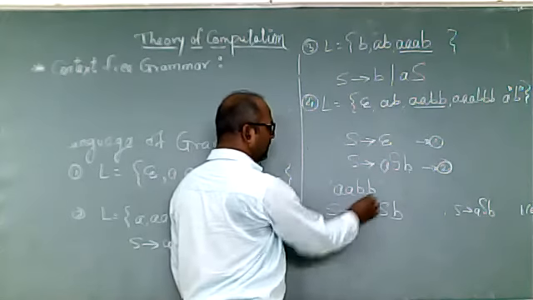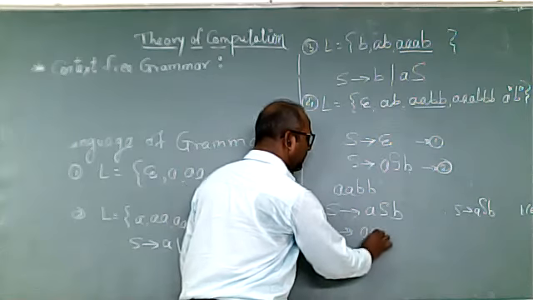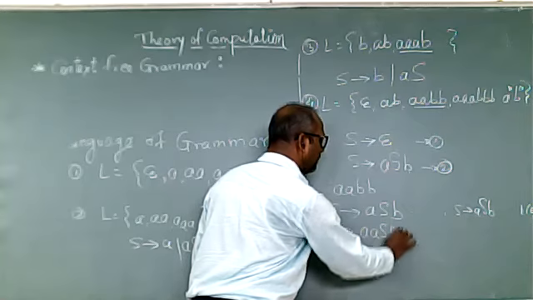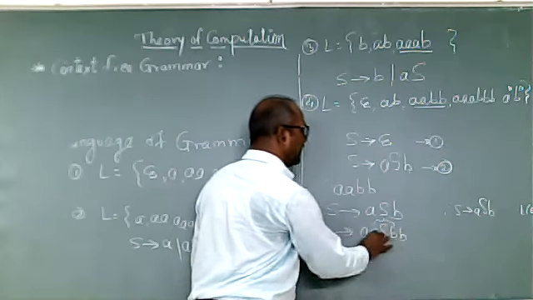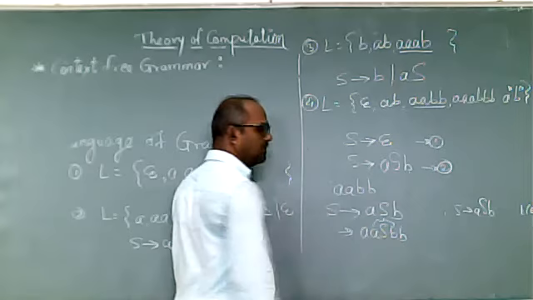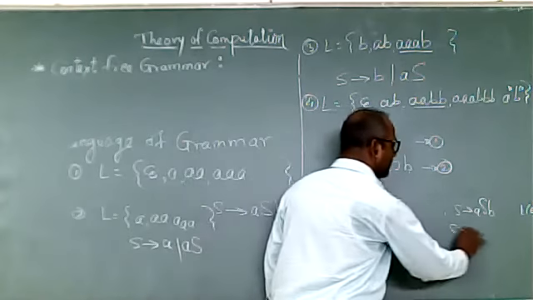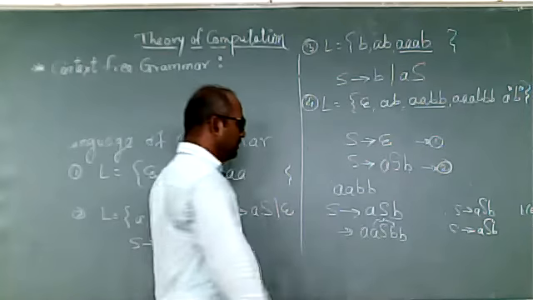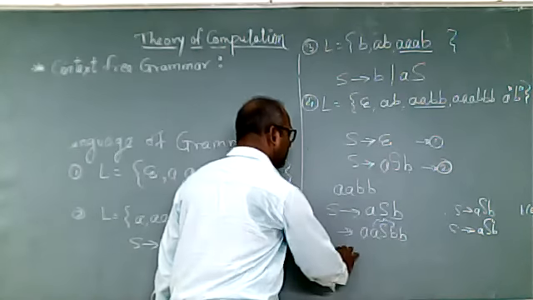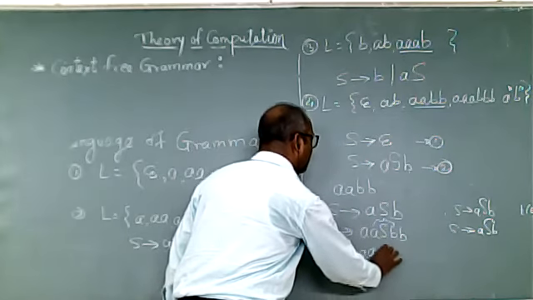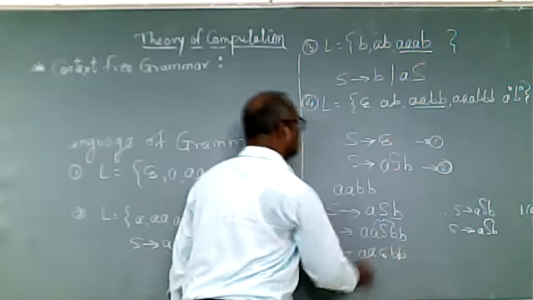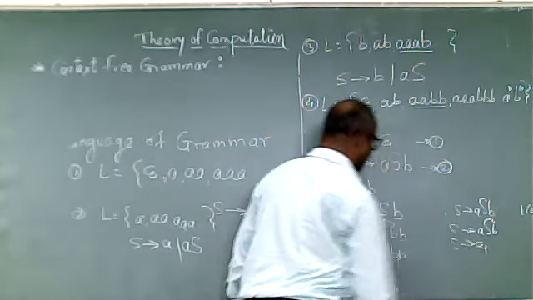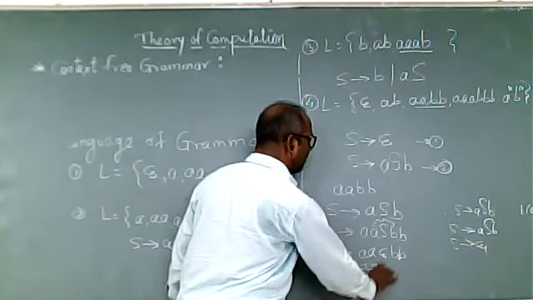Again, I want AABB, so one more time I will use the same production, and S will be expanded to ASB. Now for AABB, I don't want this S, so I will use the production where S produces epsilon. So at the end we get AABB.